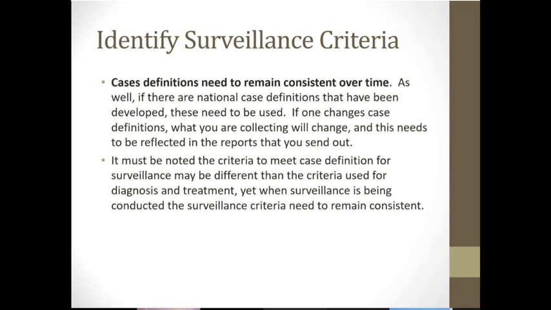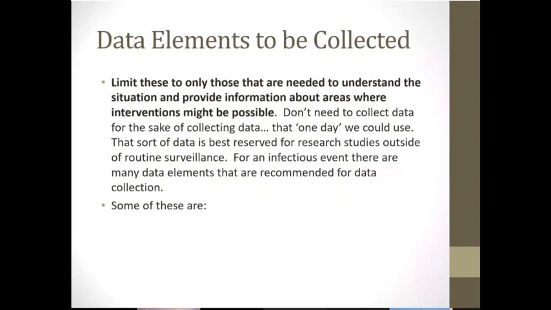The data elements to be collected. Limit it to only those you need to understand the situation and provide information about where interventions might be possible. It's never a good idea to collect data for the sake of collecting data in hopes that one day we could actually use it. It's better for that kind of data collection to be used for research studies.